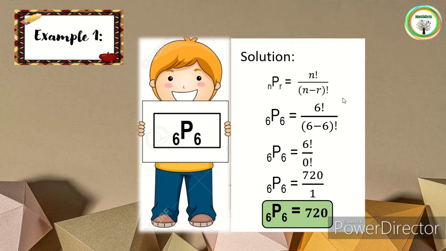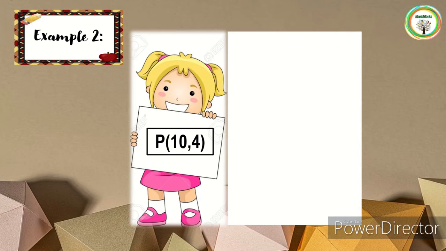So sa halip na gawin pa natin itong solution na to, kapag parehas yung value ng n at value ng r, pwedeng kunin na lang yung factorial ng given number. So just find the value of 6 factorial, yun yung ating sagot. So that is only if the value of n and the value of r are equal. So let's have the second example.